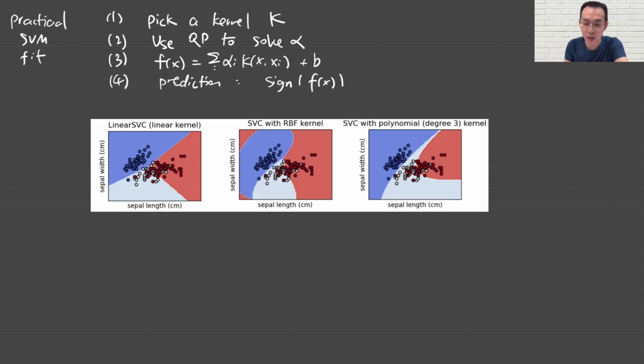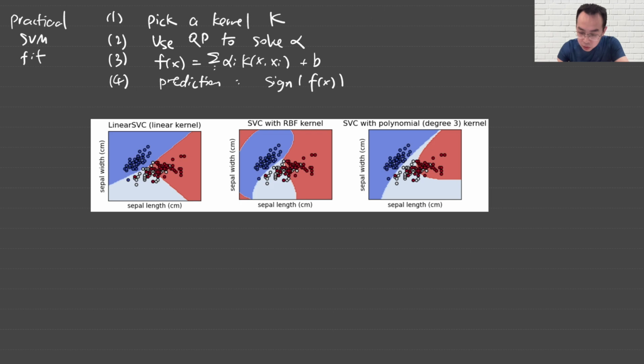We start by picking the kernel without thinking about the feature space phi of x. Here are three examples that I copied from the scikit-learn package, comparing three different kernel choices for the SVM. First we have the linear kernel, which means the decision boundary is just a sum of linear functions, so we have a linear decision boundary on the input space here.